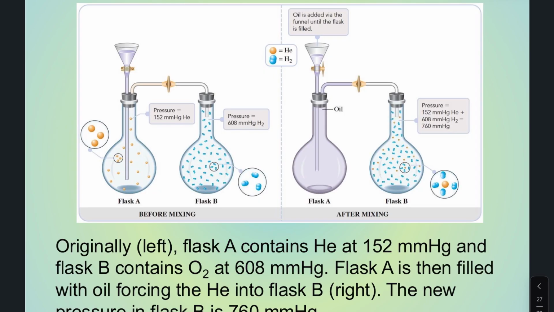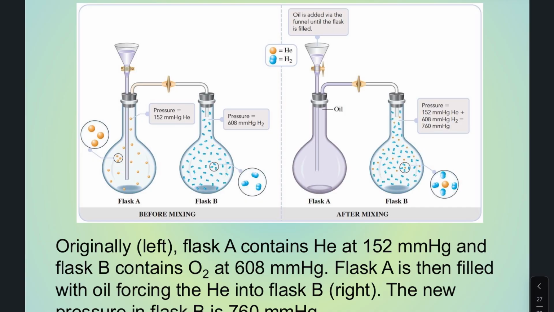And so, the way that he was able to find this out was in relation to pressure. So, in this image on the left, we have a flask with helium in it at 152 millimeters of mercury. And in flask B, we have O2 molecules at 608.